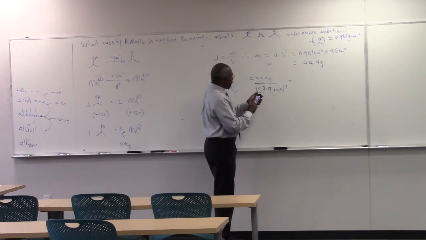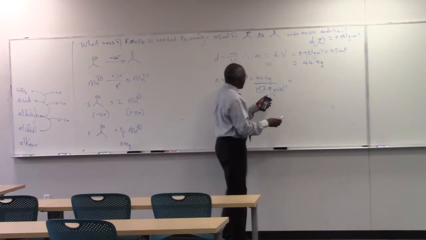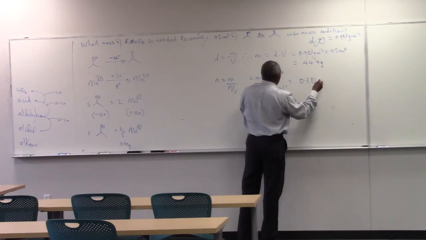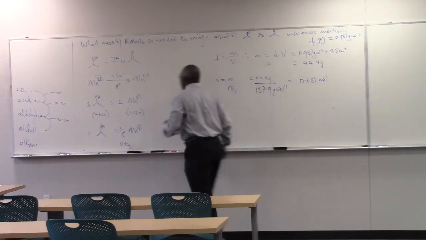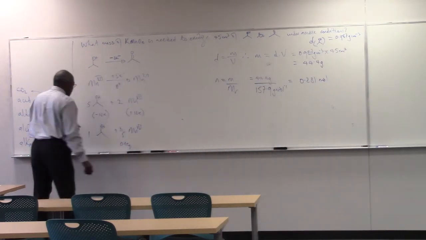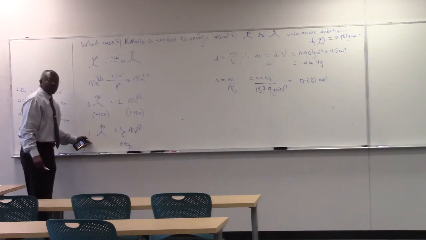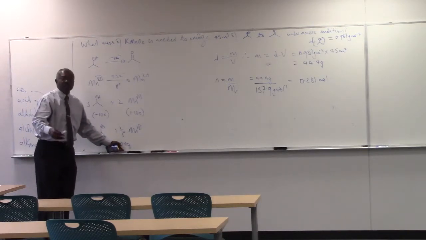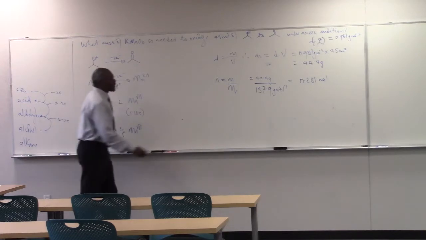So 44.4 divided by 157.9 is 0.281 moles. So coming here, 1 mole of the alcohol needs 0.4 moles of the permanganate.